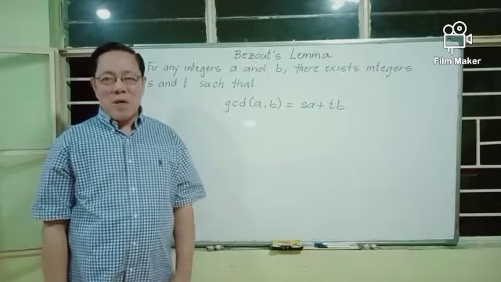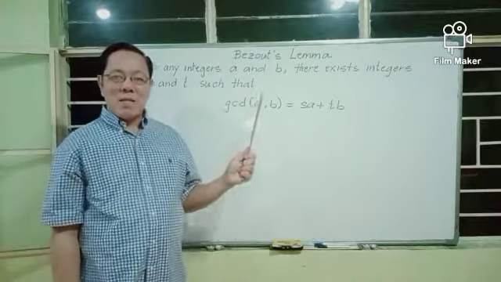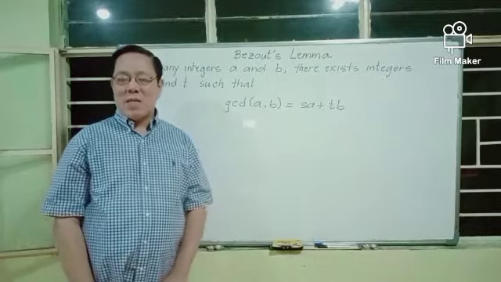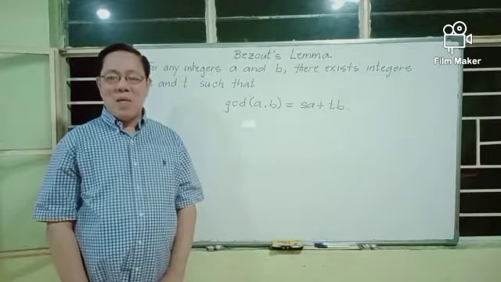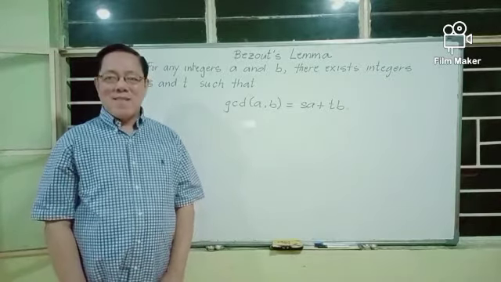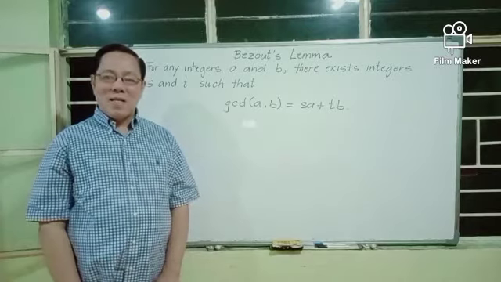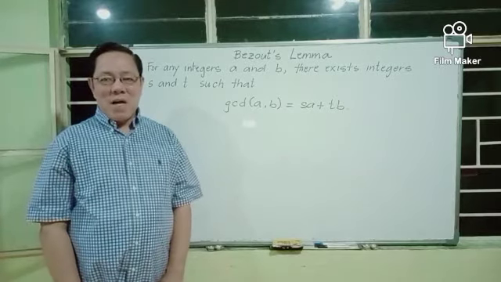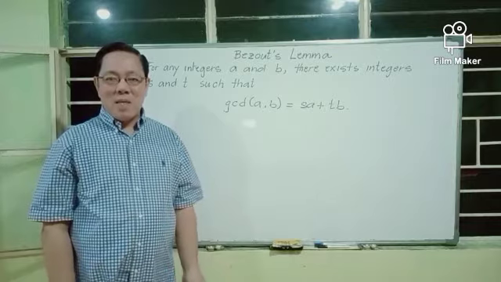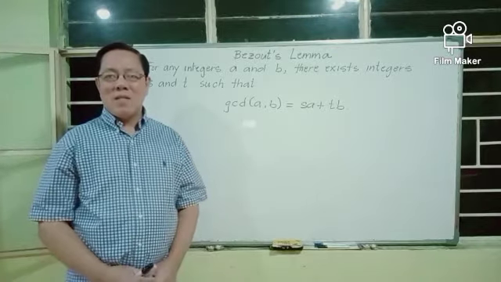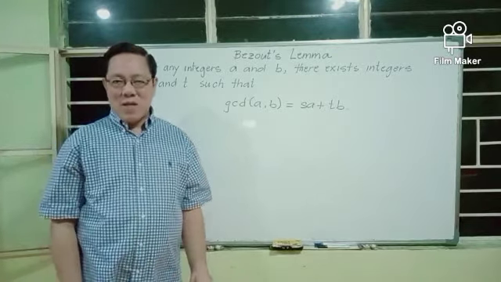Now, for the proof of this lemma, we consider two cases. In the first case, we let a and b be equal to 0. And in case two, we let a not equal to 0 and b also a non-zero integer. We start with case 1.